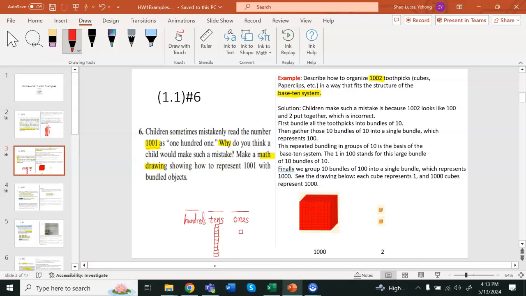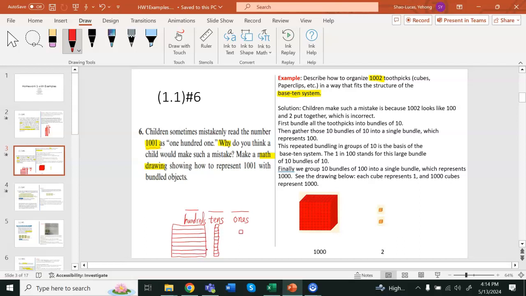Of course, if we have 2 tens, we have to make 2 of these. But if we have 10 of these, I'm just going to draw a square with 10 rows and 10 columns. That's going to give me 100 blocks.